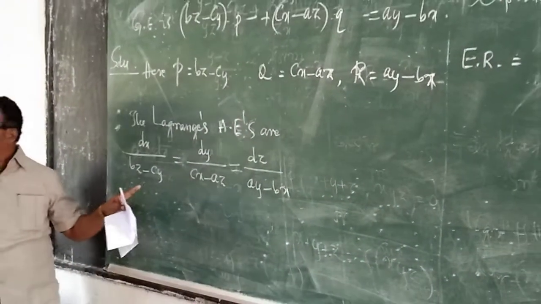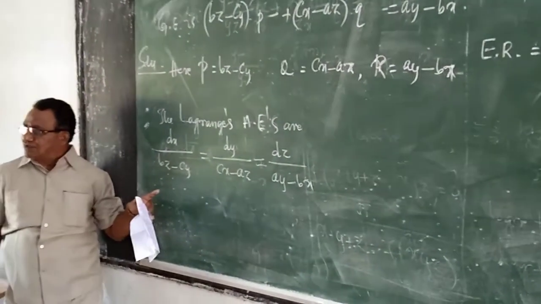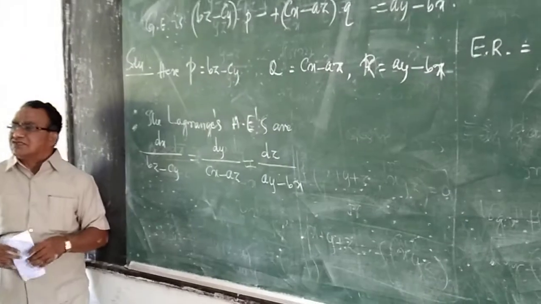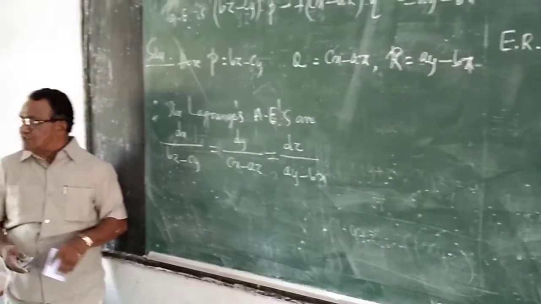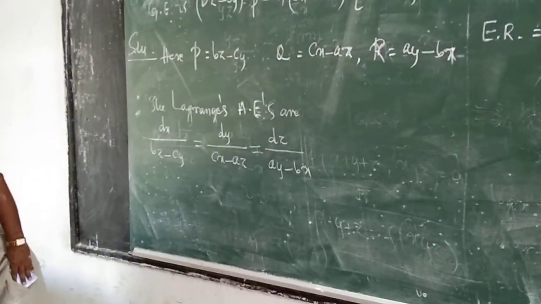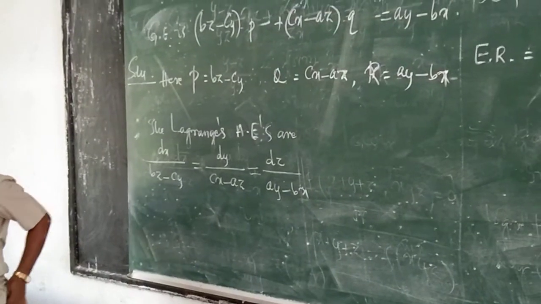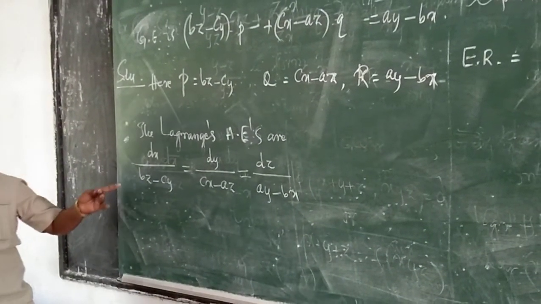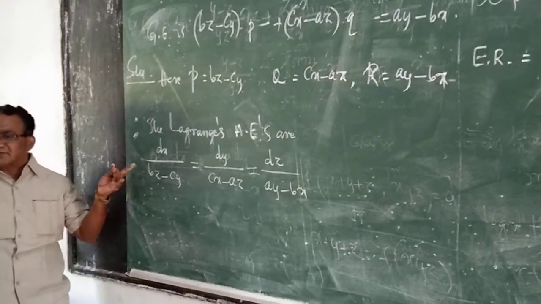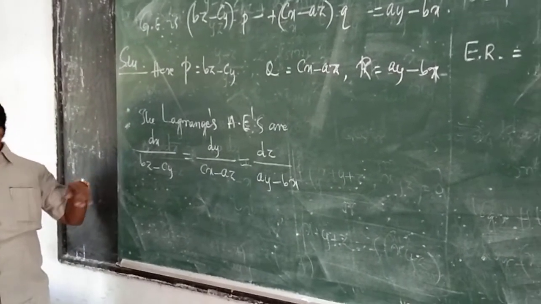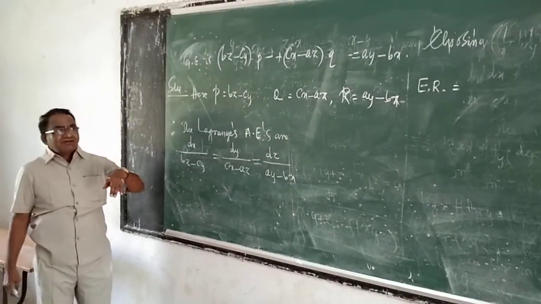And we can observe here also we cannot solve this by the first method, that is by grouping of terms. So we have to select the multipliers. What may be the possible multipliers here? Yes, a, b, c. Very good.